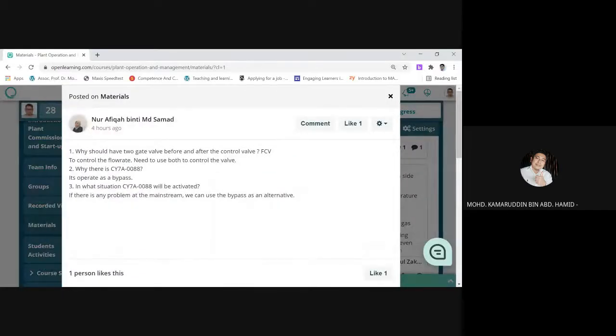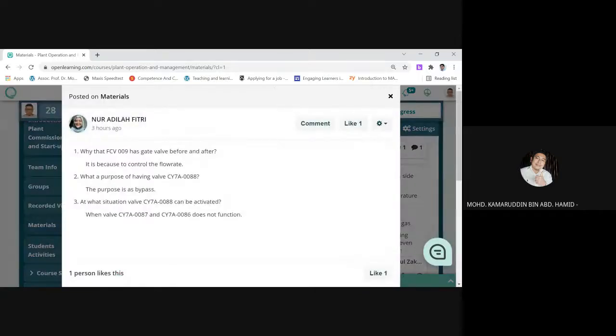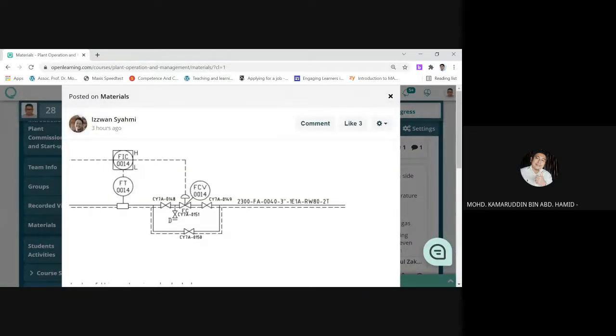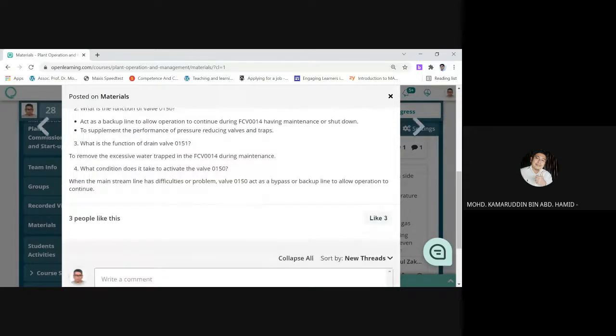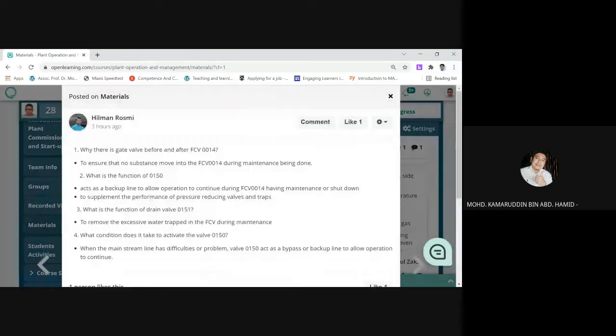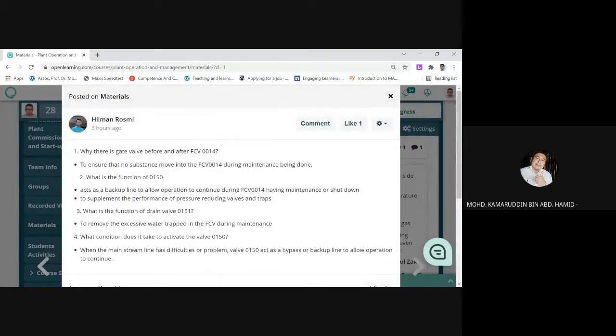Ini apa ni? Afika pun I think we have explained on this control valve. Adila pun control valve. Izwan Syami kita dah discuss ni kan? Yes, we have discussed this. Hilman pun sama.